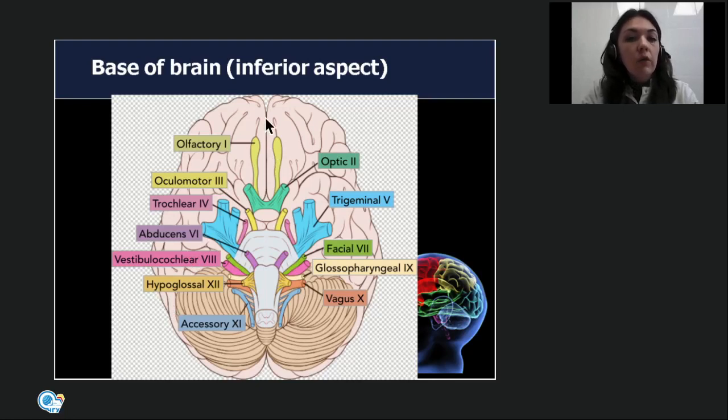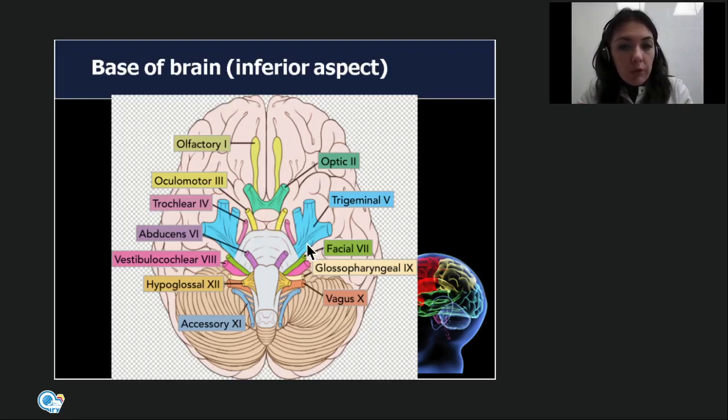So here you can see the approximate location of the roots of the cranial nerves. You see that the olfactory nerve, the first pair, lies in the olfactory sulcus, that belongs to the frontal lobe. Then the optic nerve joins the optic chiasm, and the oculomotor nerve is located in the interpeduncular fossa, between two cerebral peduncles. The trochlear nerve, the only nerve that arises from the dorsal surface, surrounds the cerebral peduncles from the lateral side and comes ventrally.